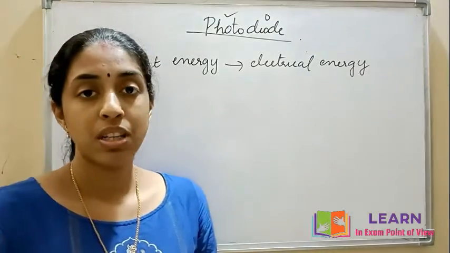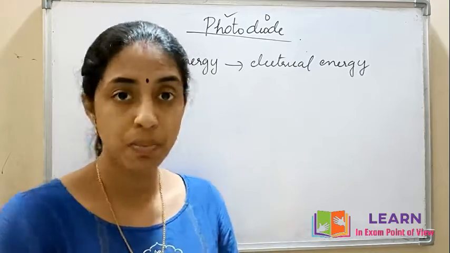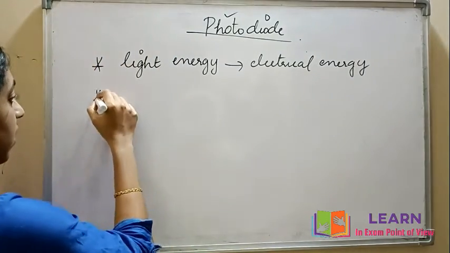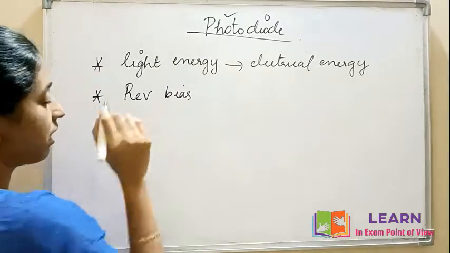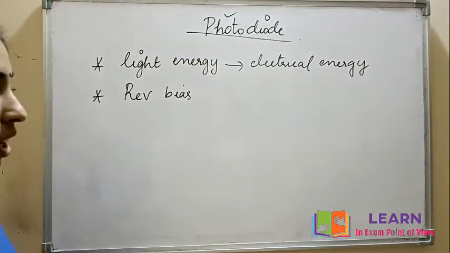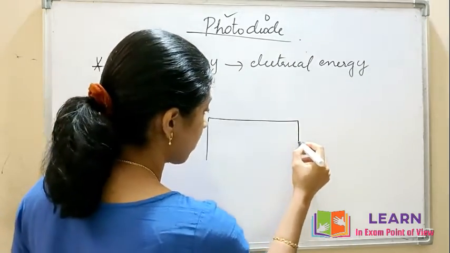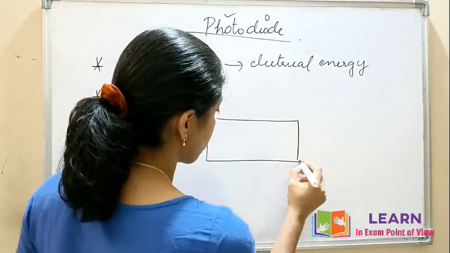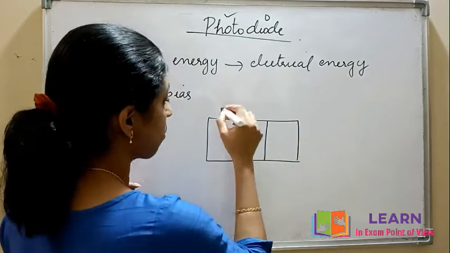And the photodiode is connected in reverse biasing mode. You remember the PN junction diode, right? This figure we have already studied, so you can refer to those videos.